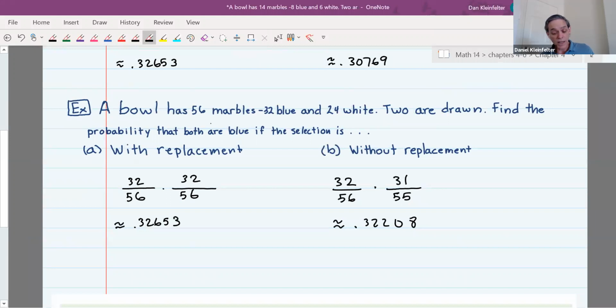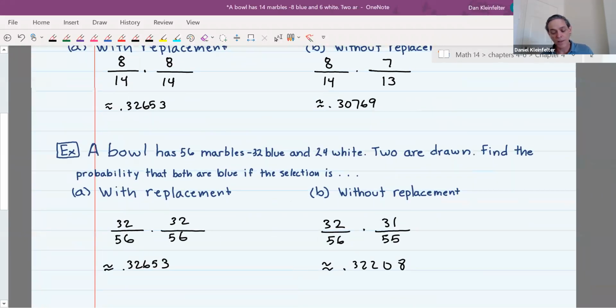Here, increasing the number of marbles to 56, you can see that it's 0.326 and then 0.322 and change. So here the difference is about 4 thousandths, right? So that's much different than 20 thousandths, right?